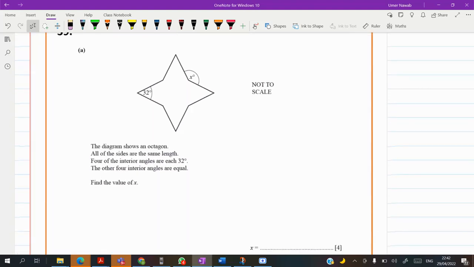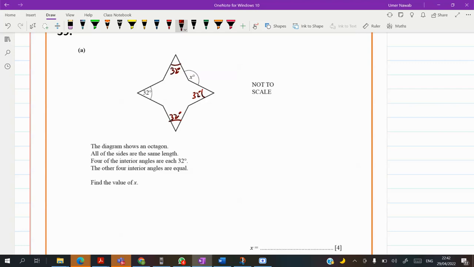39th. So this is an octagon, and it has all the sides the same. Four of the interior angles are 32, 32, 32, 32.